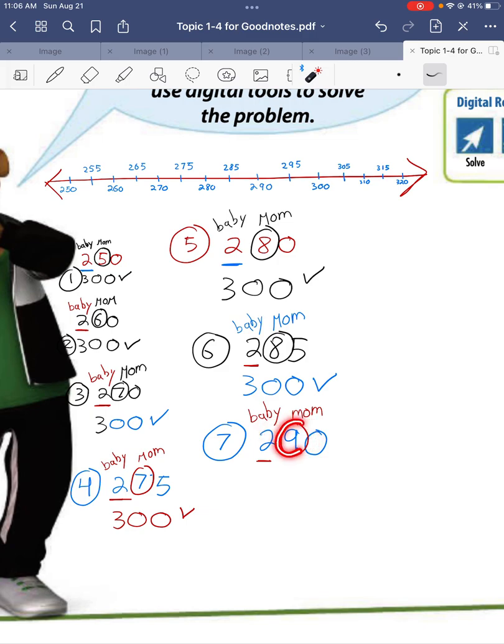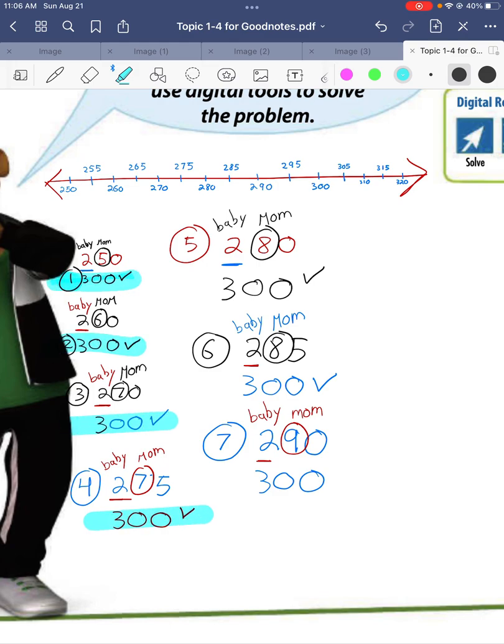If the mom is 4 or less, baby will stay the same. Okay, this is 5 or more. The baby's going to round up. 2 plus 1 is 3. Everything to the right becomes a 0. So I was able to round all these different numbers into 300. Okay, and that is how we round.